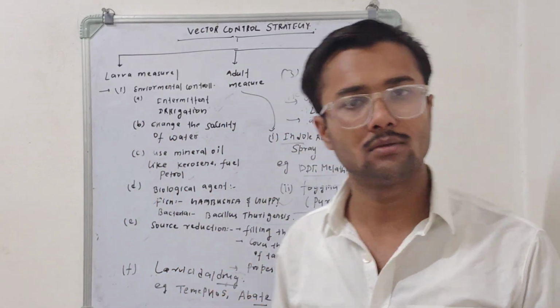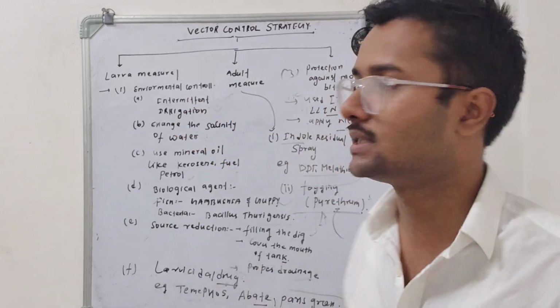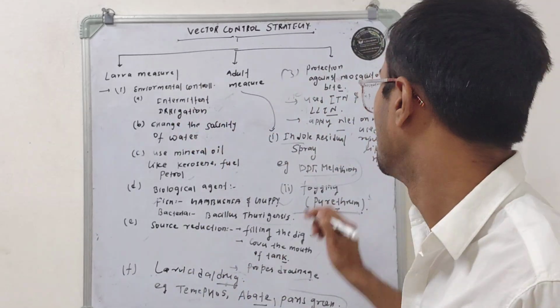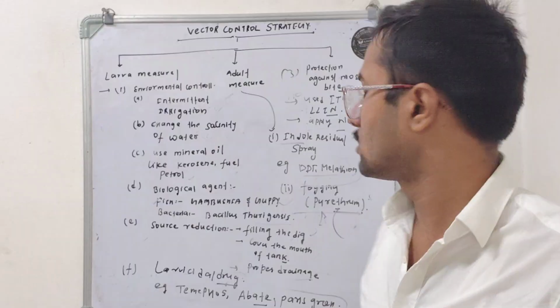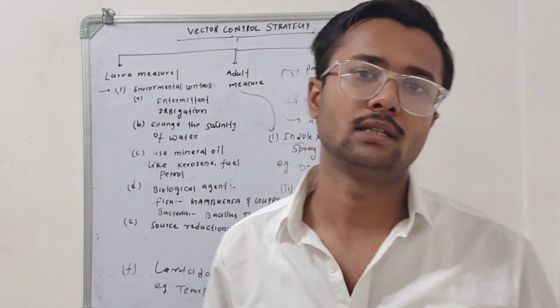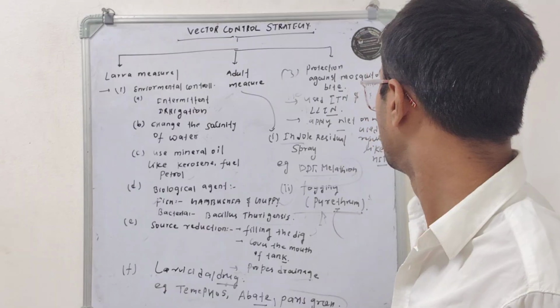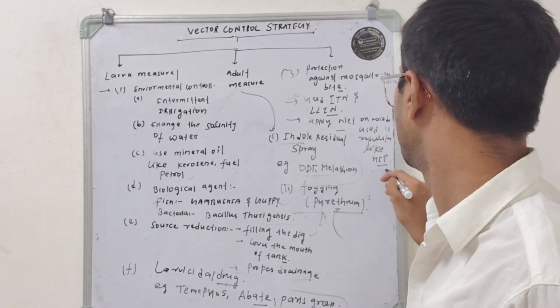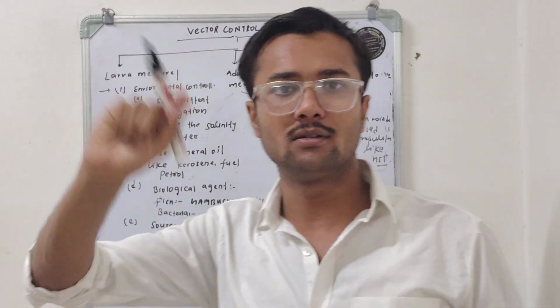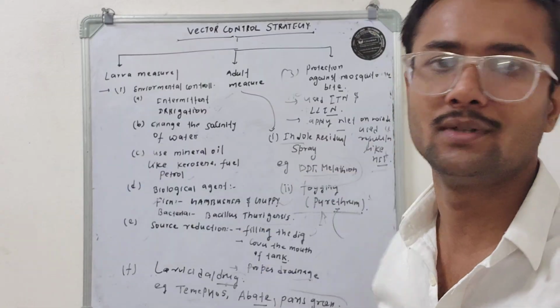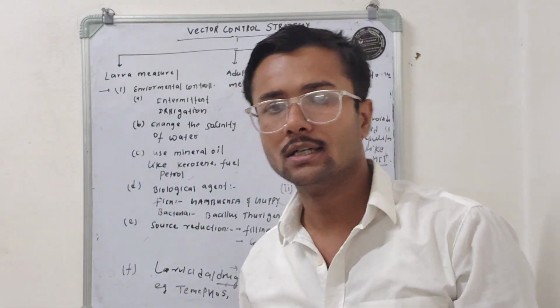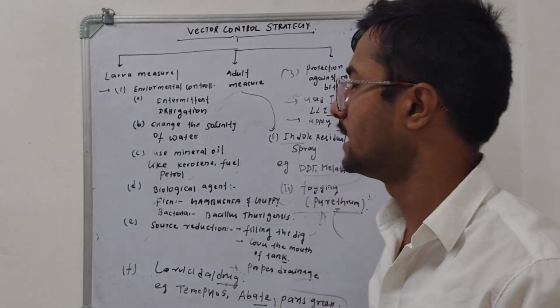So long lasting nets are more effective as compared to simple insecticide treated nets. We also apply nets on the windows so mosquitoes do not enter your homes. One more thing, we can also apply repellents, so the mosquitoes get away from your home. So these are the vector control strategies.